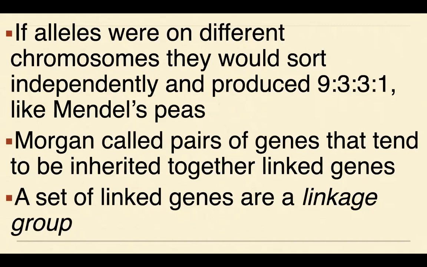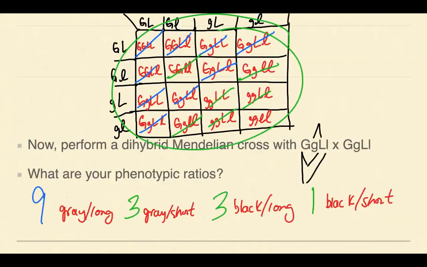If the alleles were on different chromosomes, they would sort independently and produce the 9331 ratio like Mendel's peas. Morgan called the pairs of genes that tend to be inherited together linked genes. So basically what this means is that we expect a ratio of 9 to 3 to 3 to 1, right? We've got gray body long wing, gray body short wing, black body long wing, black body short wing.